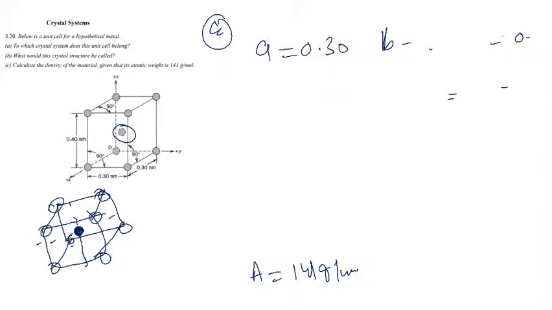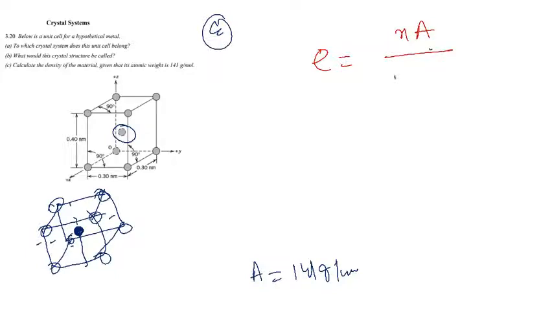When we know the atomic mass of an element, we can calculate its density. Density is represented by rho, and rho is equal to n times A divided by Vc times the Avogadro number. So we have to find this Vc and n.